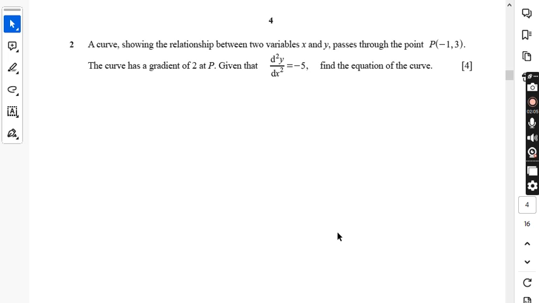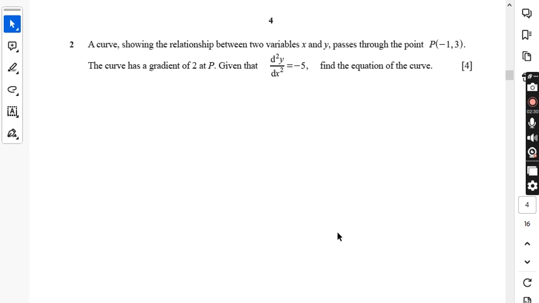A curve showing the relationship between two variables x and y passes through the point P (-1, 3). The curve has a gradient of 2 at point P, given that d²y/dx² equals -5.